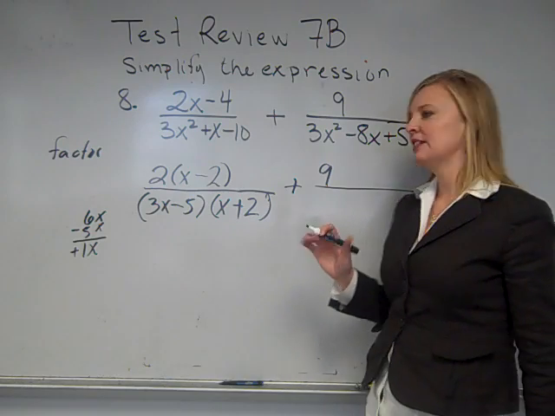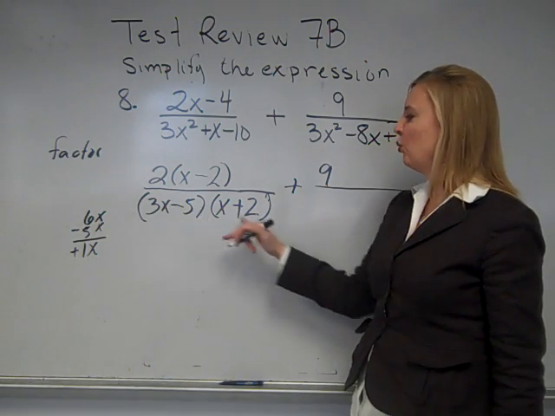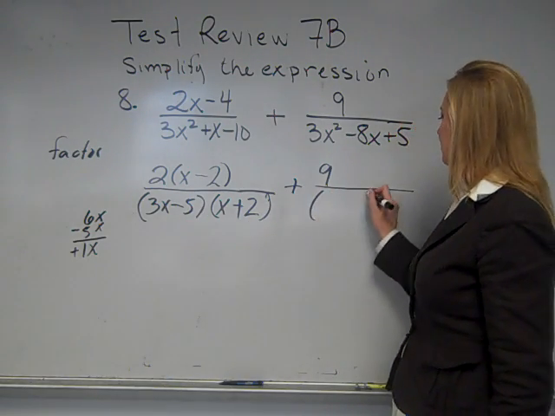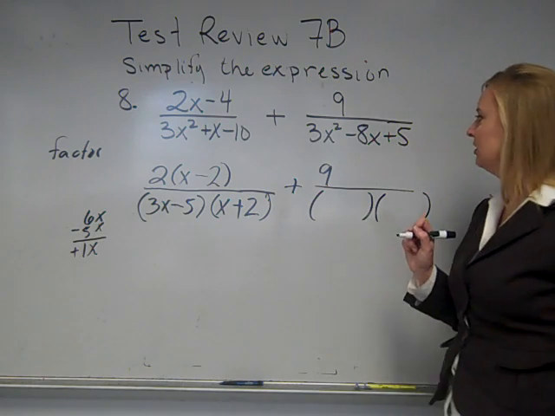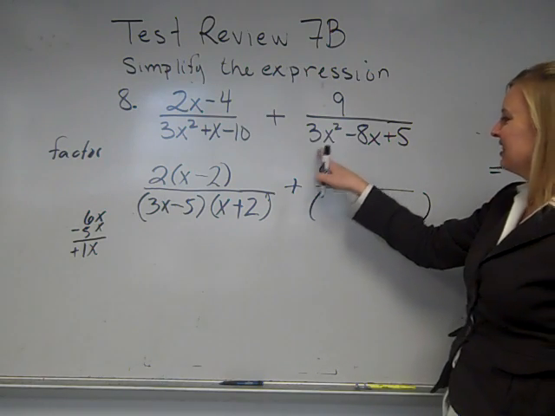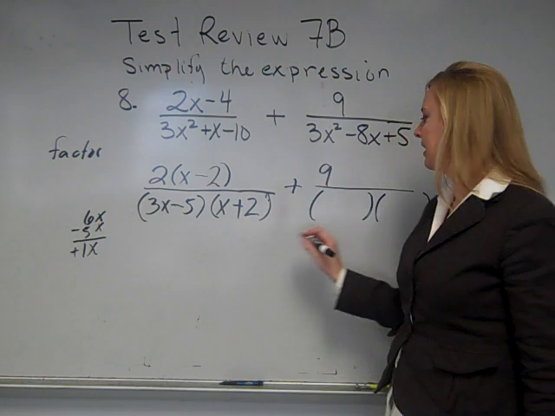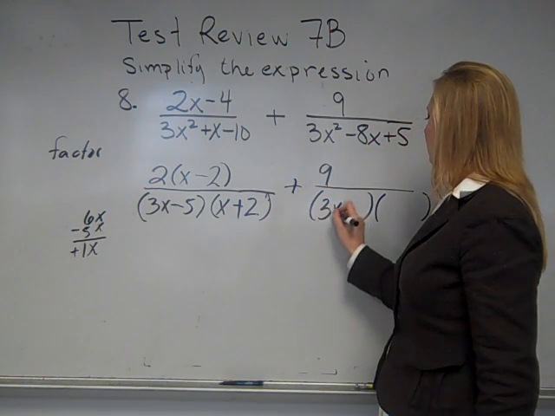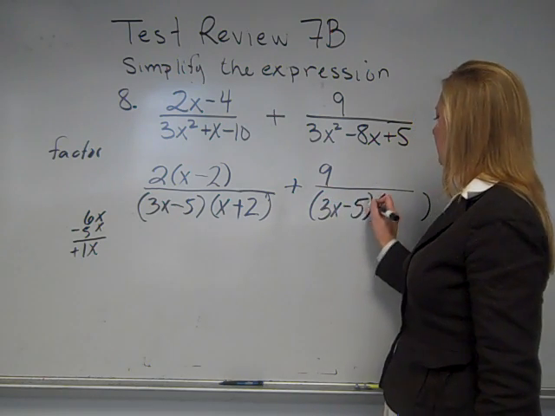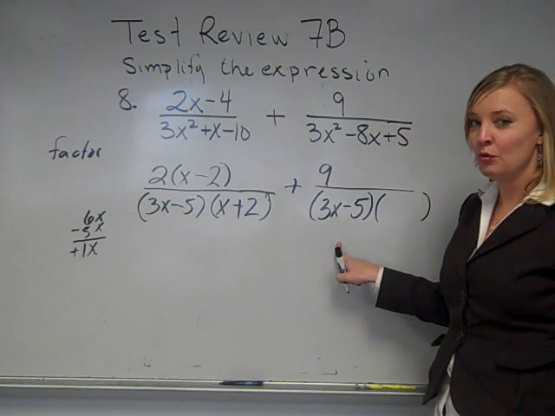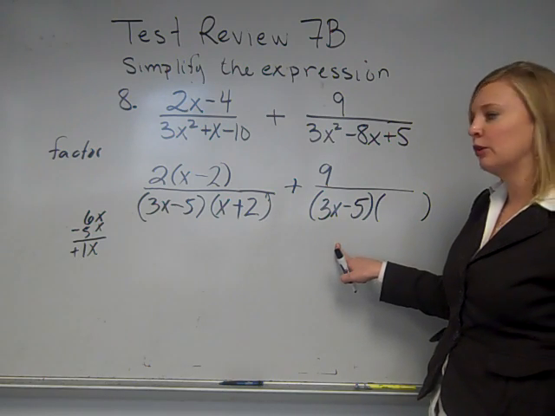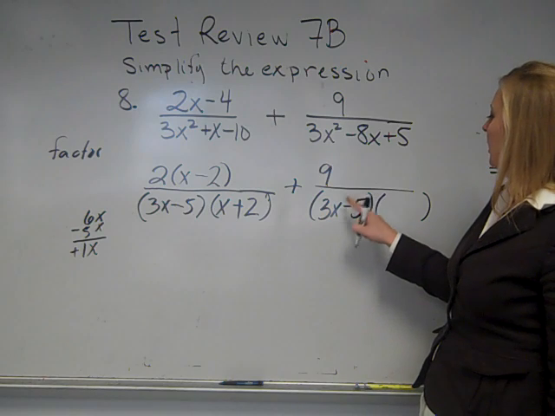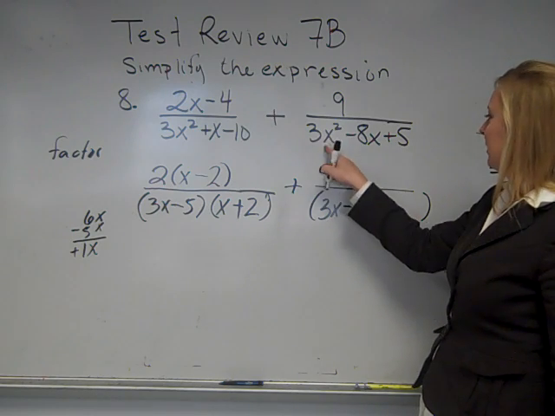If this problem works nicely, I will probably see one of these factors in the denominator for my other fraction. So let's see if possibly we have a 3x minus 5. I'm just guessing here. I don't know if it works out. I'm going to try it and see how it works. So 3x times x would give me my 3x squared.